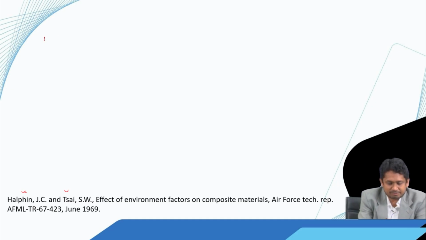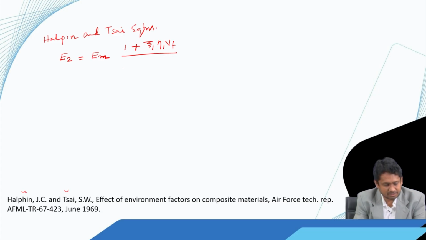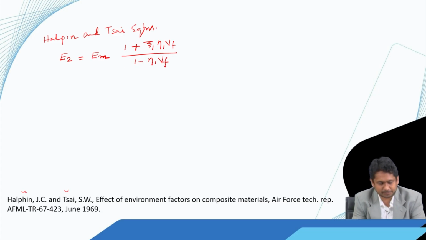Those are famously known as Halpin-Tsai equations, and that empirical relation says that E 2 is equal to E m multiplied by 1 plus xi 1 eta 1 multiplied by V f, divided by 1 minus eta 1 multiplied by V f.